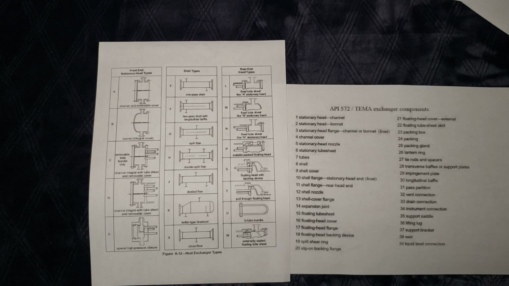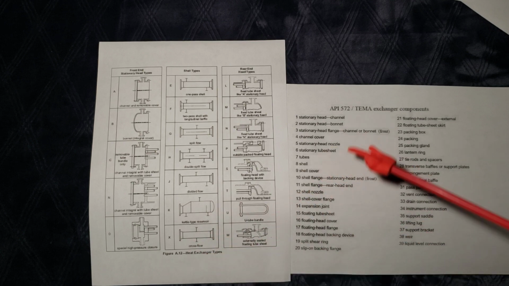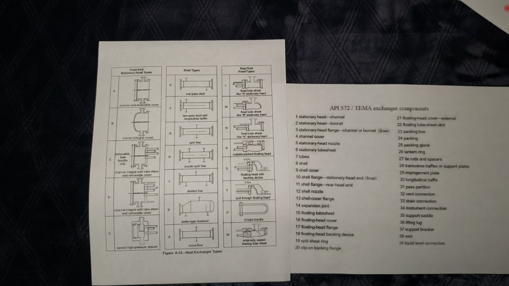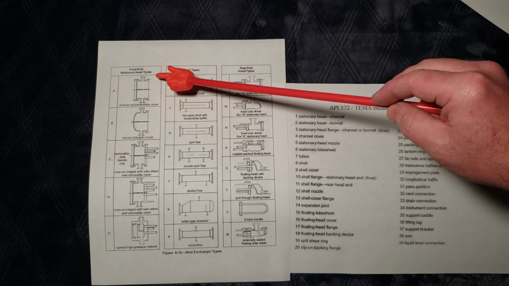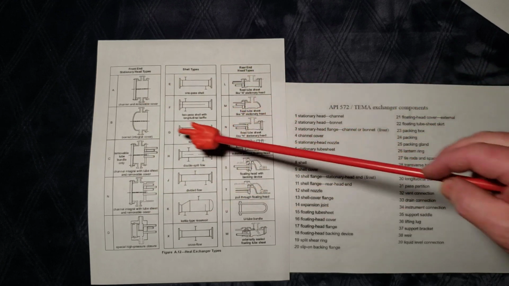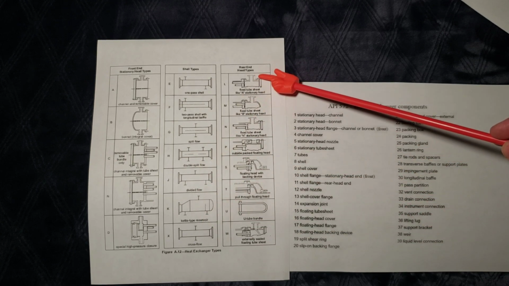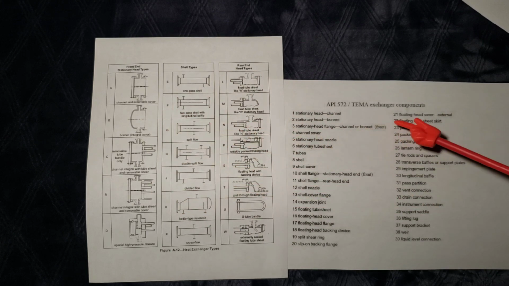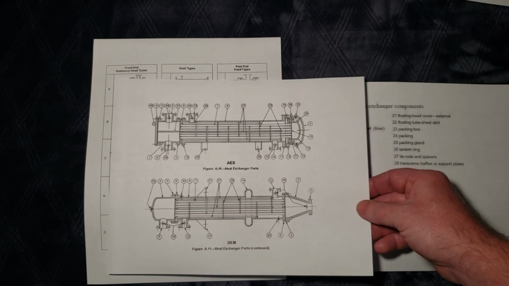What we have here is the figure A12 from the 572, which is a copy of the TEMA exchanger head types and shell types. The front end head types, the shell types, and the rear head types. And these, combined with the legend of the components, yields us these examples.